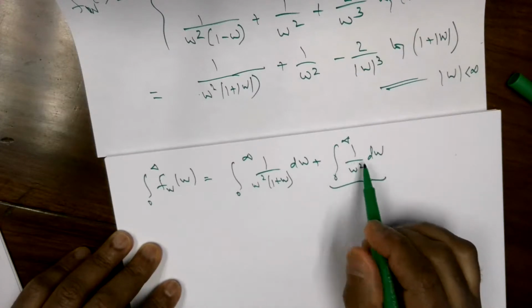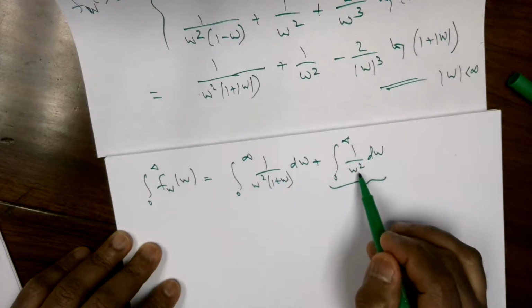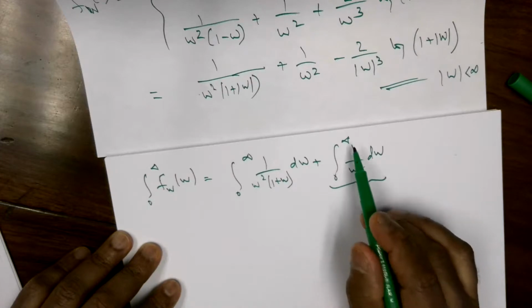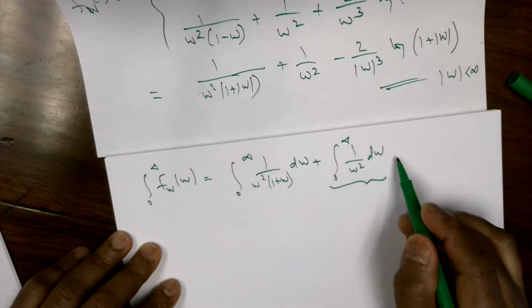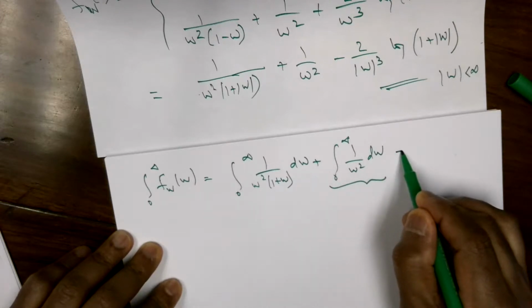There's already a problem here, because if you do this directly, this is going to be minus 1 over w, and the top limit is fine, but the bottom limit seems to have issues. But let's see what the other terms are.